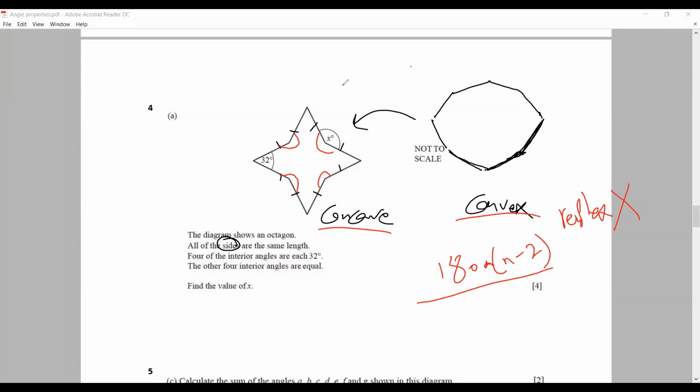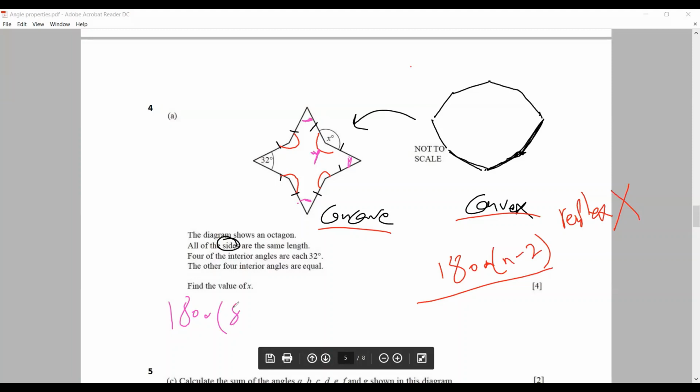Since this is a regular octagon, this should be 32 as well. This should be 32, this should be 32. And maybe I call this y. This is 8-sided, so the sum of our interior angles should be 180 times 8 minus 2, and that means 1080.